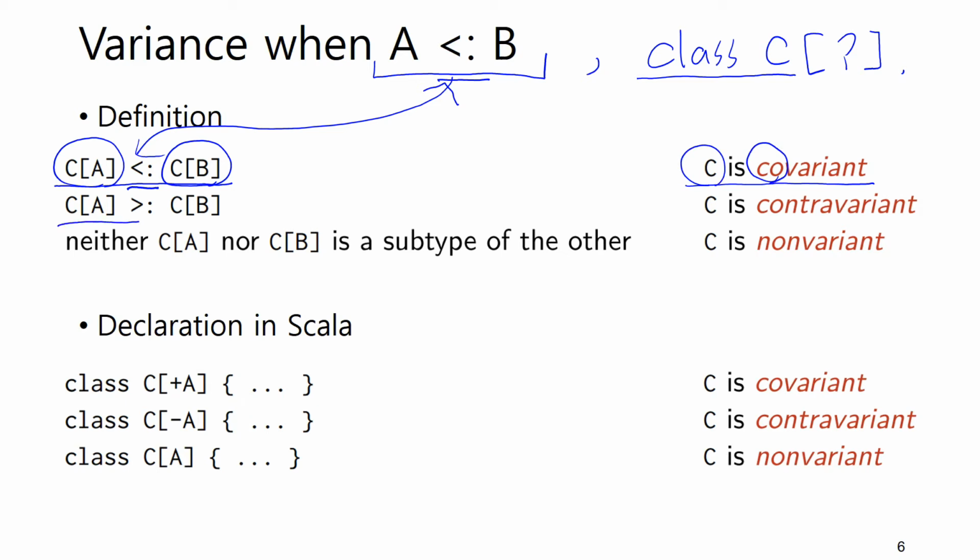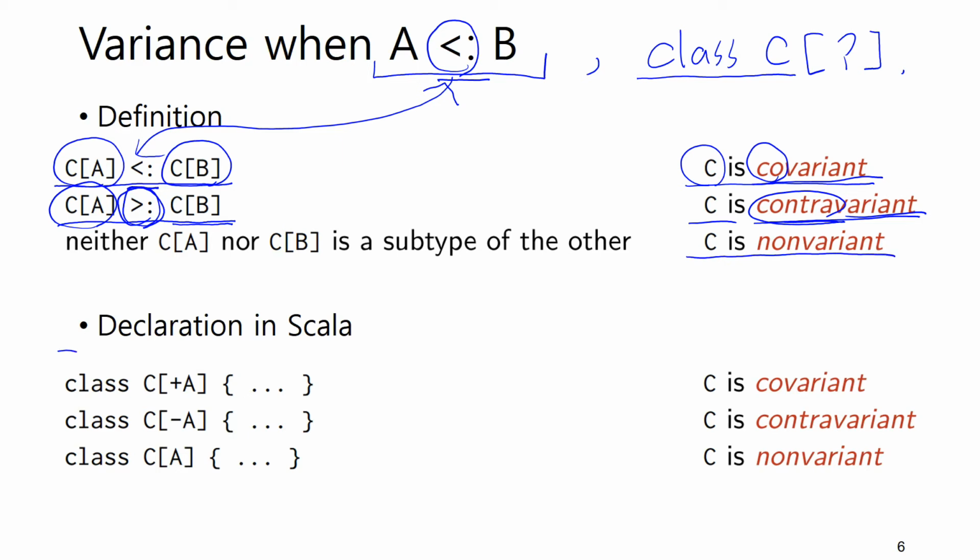If the opposite is the case, that is, C of A is a supertype of C of B, we say that C is contravariant, in the sense that the direction is now the opposite. If C is neither covariant nor contravariant, we say that C is non-variant.